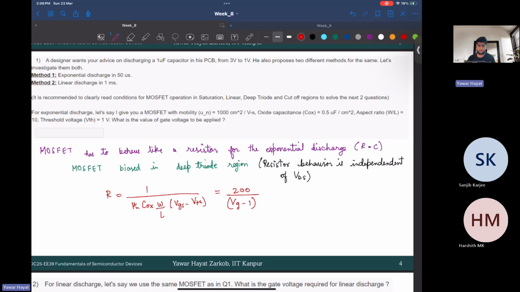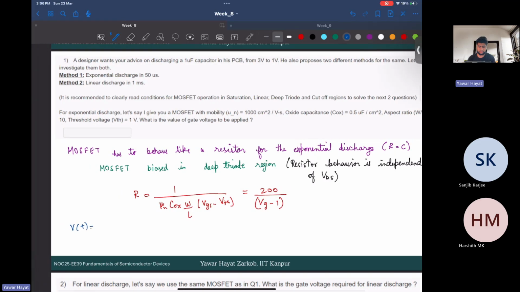Now, coming to the voltage across the capacitor, if I denote that by V of t, since this is an exponential discharge, this would be V of 0, the voltage across the capacitor at t equal to 0, times exponential of minus t by RC. That is the expression of your exponential discharge. So what is this V of 0?